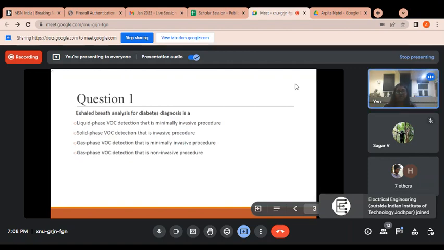Can anyone tell what is a minimally invasive procedure, or give an example of a minimally invasive procedure, or what is an invasive or non-invasive process? Please unmute yourself and try to explain.